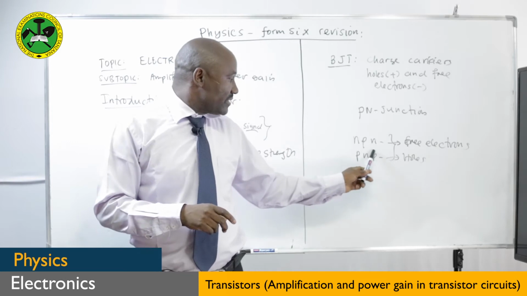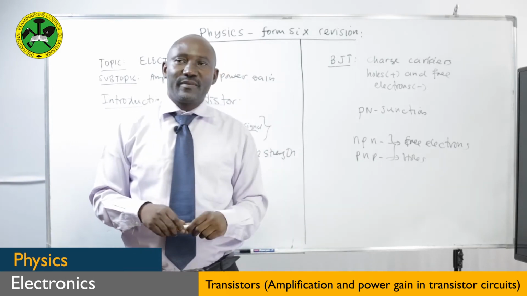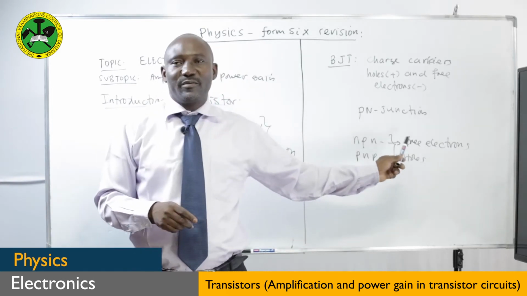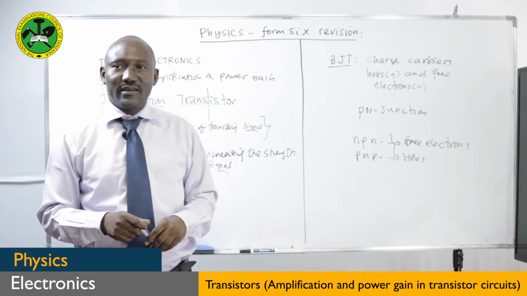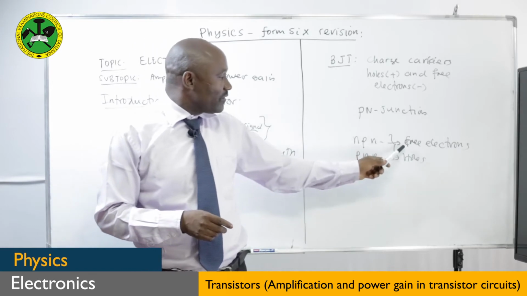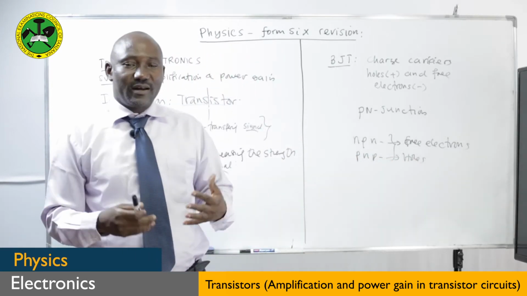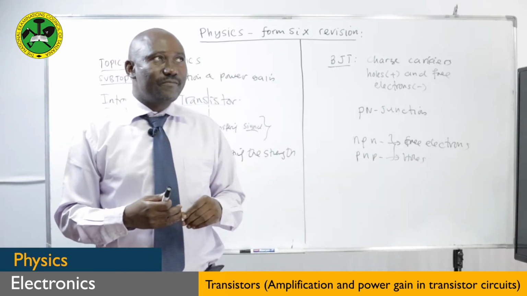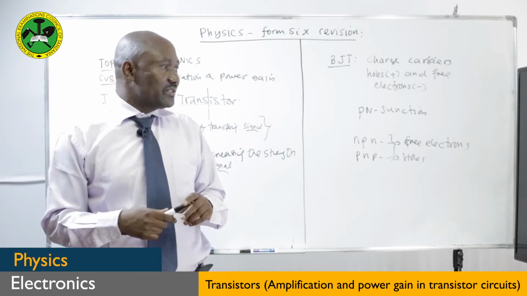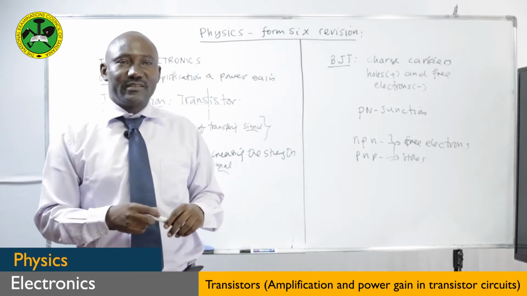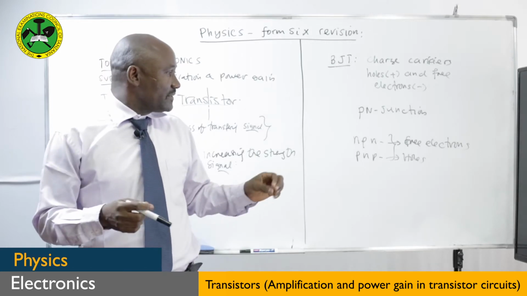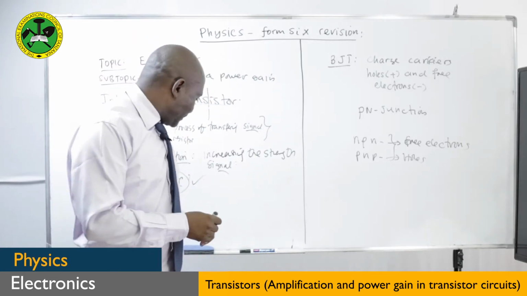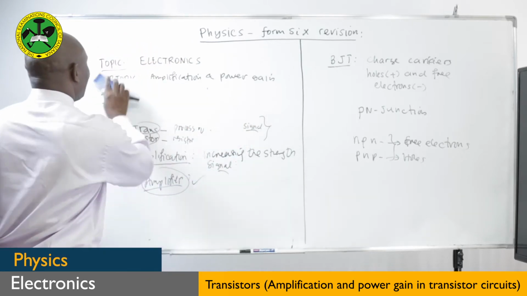The PNP, because the majority carriers are holes, responds slowly as compared to NPN. So we prefer using the NPN transistor because it is made of free electrons which are very sensitive to any changes within the transistor circuits. In other words, they have greater mobility and respond quickly.